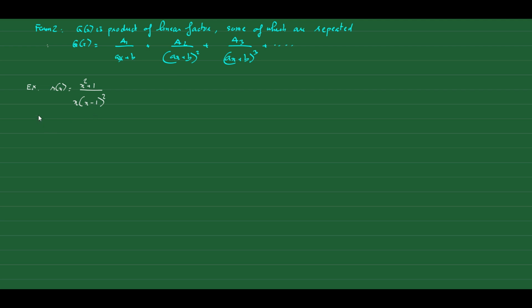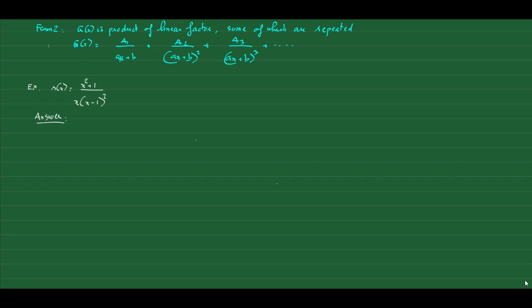Okay, so let's see how we're going to decompose this one. Since this linear factor is repeated, we're going to use this form to rewrite this rational expression.